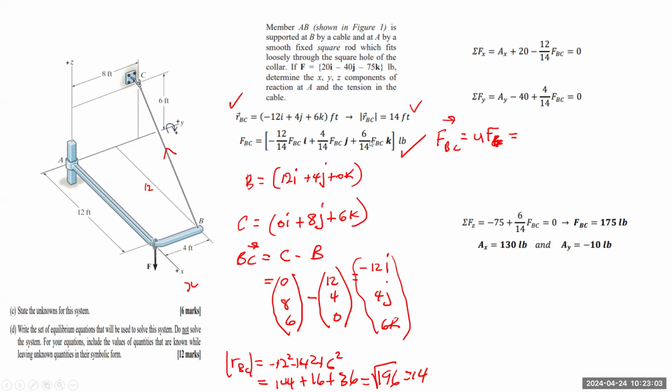Now you need to find the individual values. Sum of the forces in the X: you would have looked at your X reaction, which is here, going that direction. Plus 20, right? So 20 here.